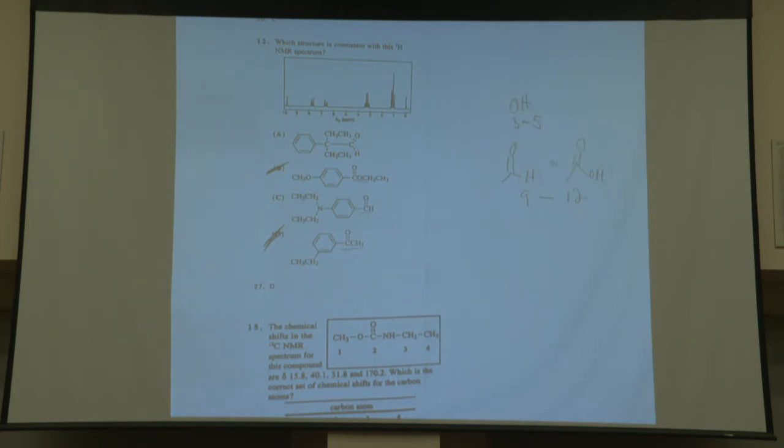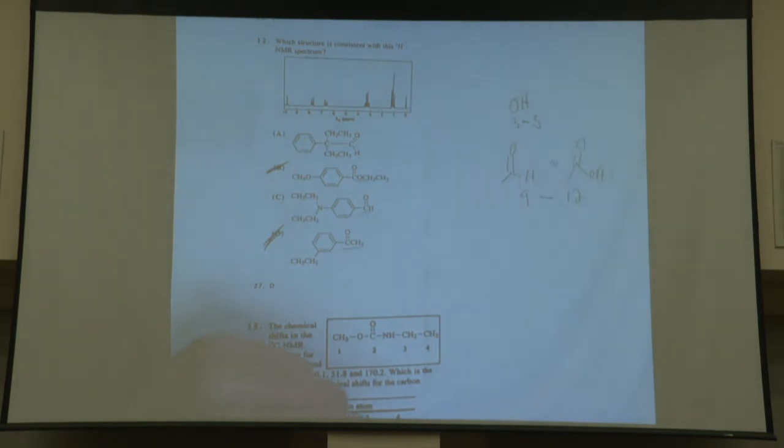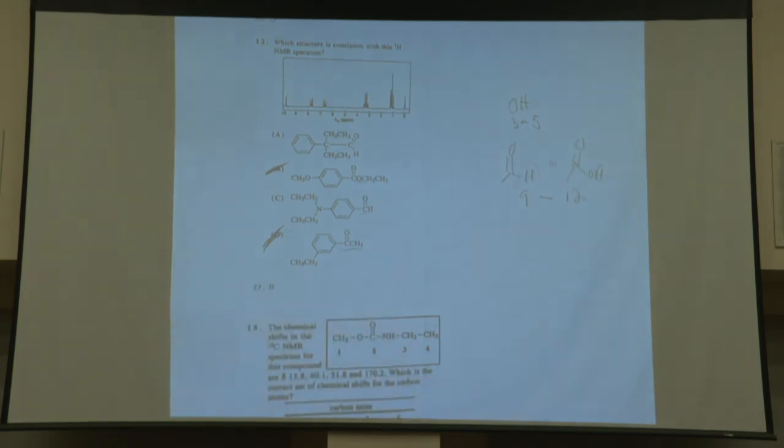So if we were to count the number of signals, and you will definitely 100%, I'm not even kidding, see at least one problem like, how many signals does this compound give off in an H NMR spec? How many signals does this compound give off in a C NMR spec? So you definitely need to know how to circle symmetrical and similar signals.